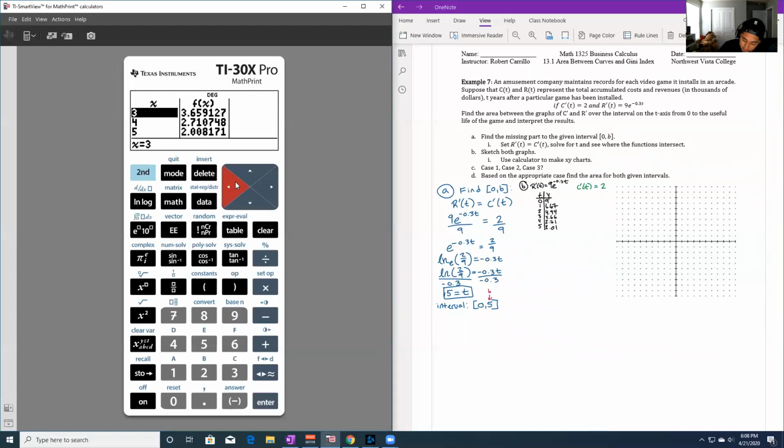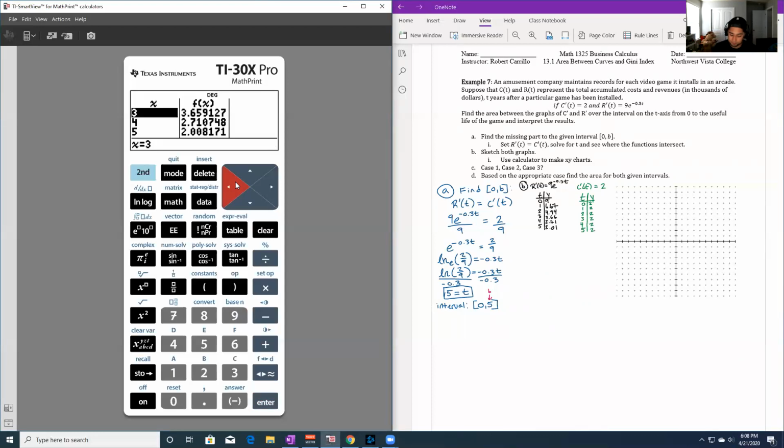So for my ty chart, this one's going to be the easiest because from 0, 1, 2, 3, 4, 5, no matter what value of t I plug in, the y value is always going to be 2, 2, 2, 2, 2, 2. Not bad.